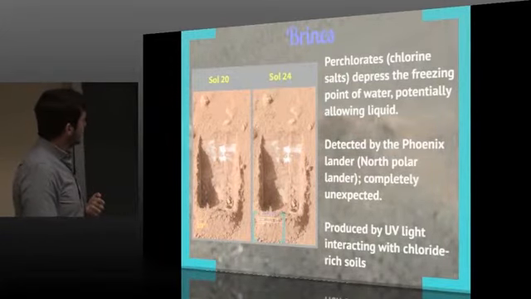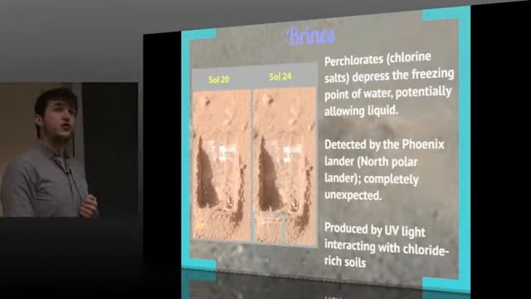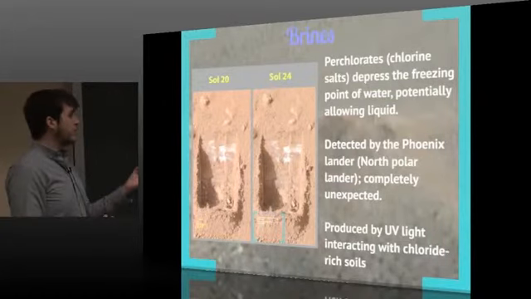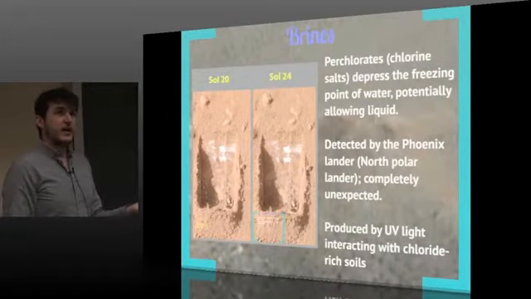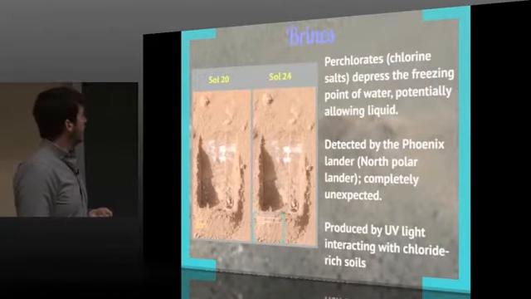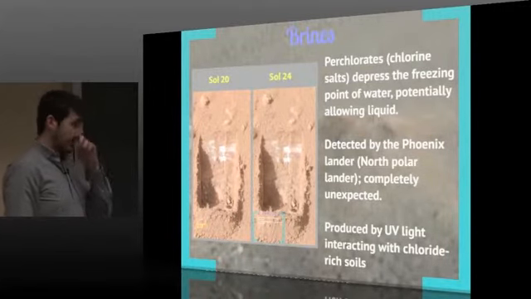But these perchlorate salts were found, and these are actually really good at acting as antifreeze for water. So they'll absorb water out of the atmosphere and create a brine, even at the low water concentrations that you see in the atmosphere of Mars. One proposed formation mechanism is that they're produced by UV light interacting with chloride-rich soils.